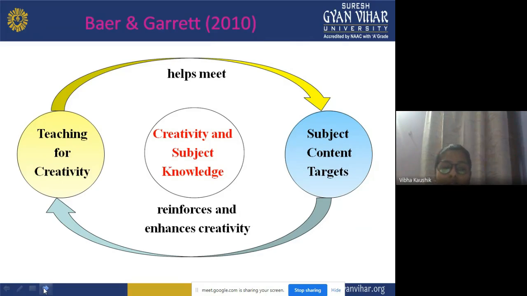Now, when we are trying to develop teaching for creativity, we have to think of divergent thinking, how the students can think of different problems. We should motivate them, we should be flexible in our teaching learning process. Teaching for creativity helps the learner: subject content targets and reinforces and encourages creativity, and this circle will continue, and creativity and subject knowledge will be developed in the student.